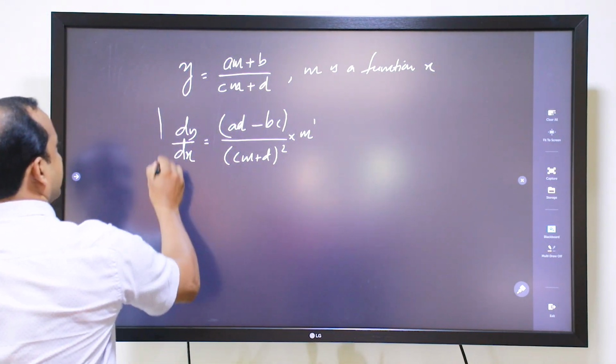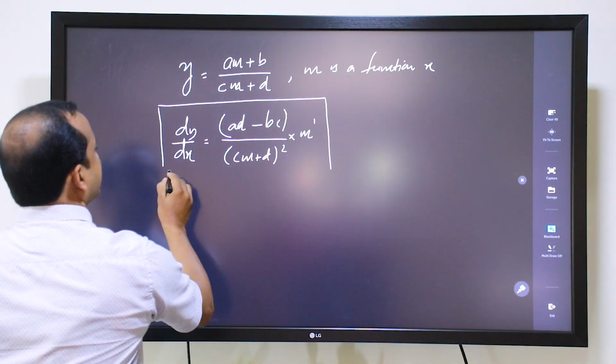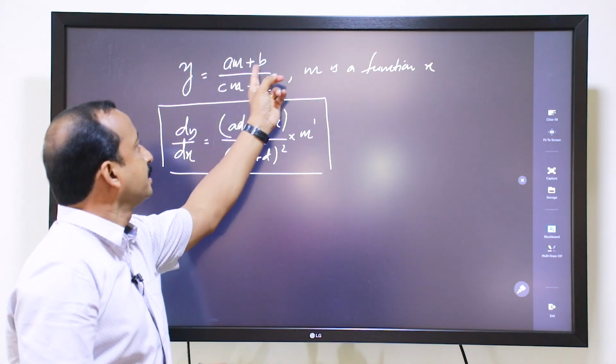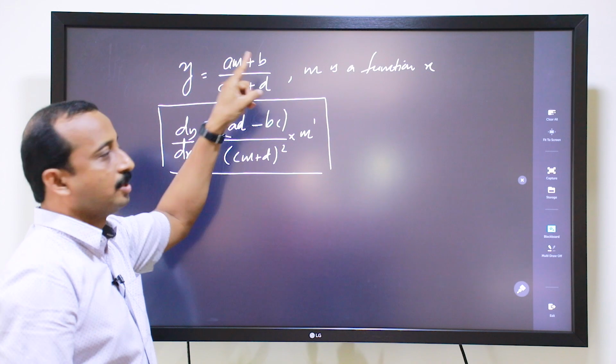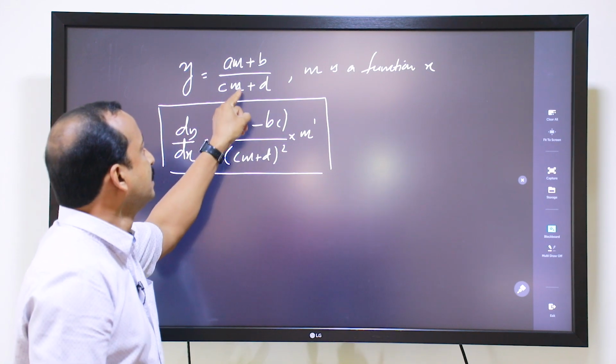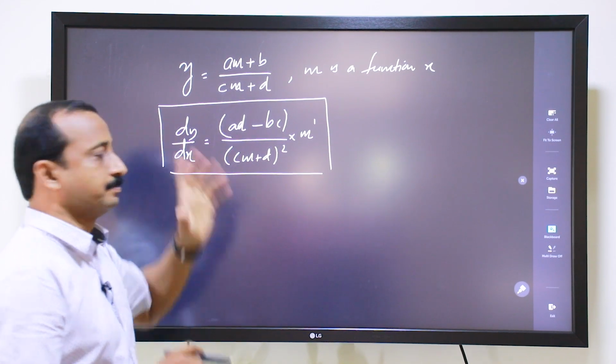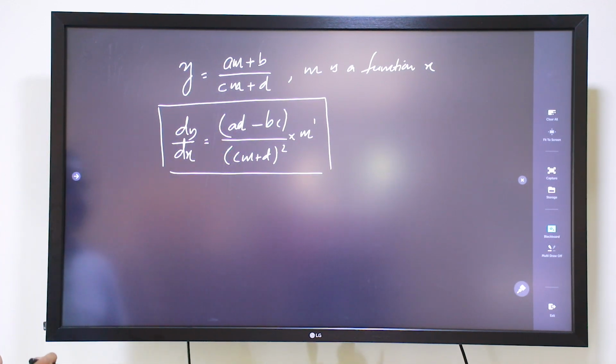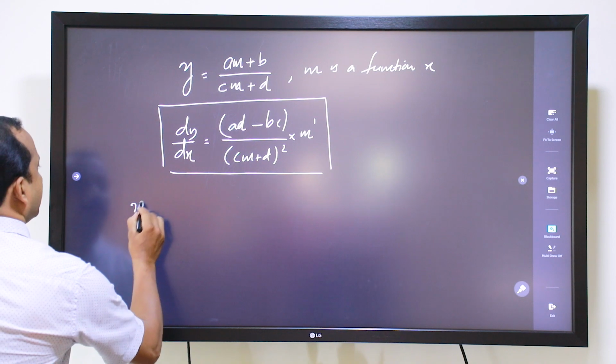Using this technique, we find the derivative of such a function very easily. dy by dx equals (AD minus BC) divided by the denominator square into the derivative of that function m. Here m is a function with the variable x.